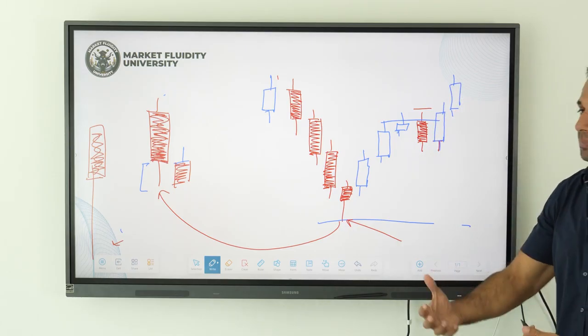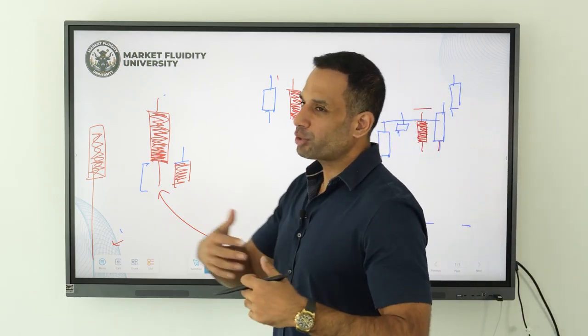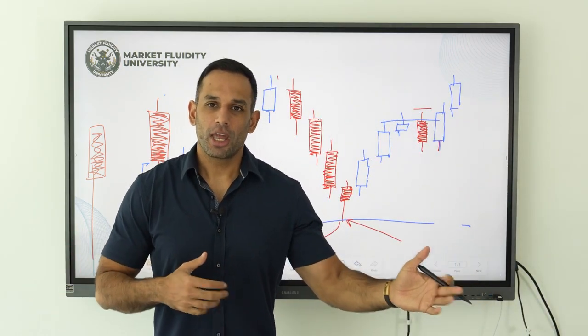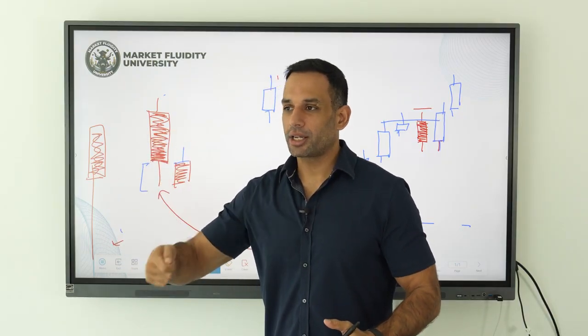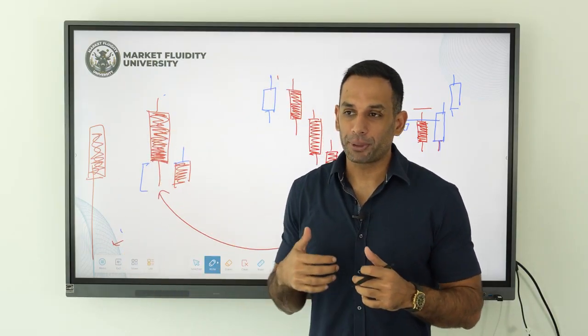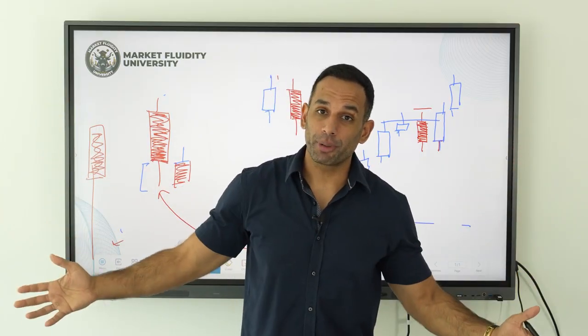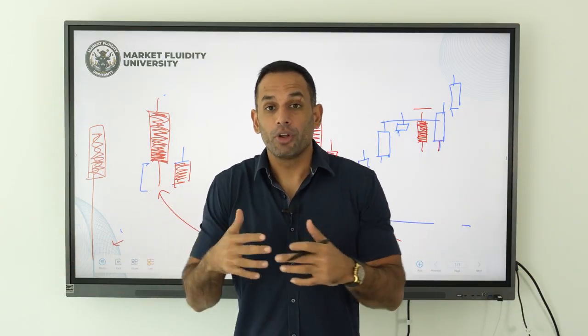So whenever we execute, we have to accept the outcomes. If we keep on executing on a market structure or an opportunity that overall has a higher probability of winning, then eventually you will be profitable.